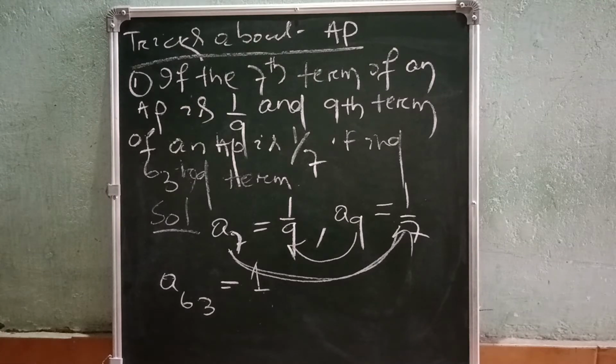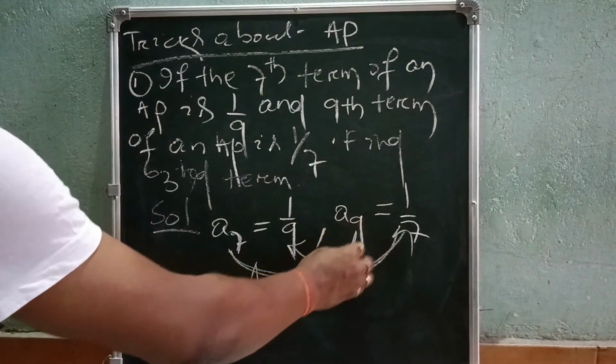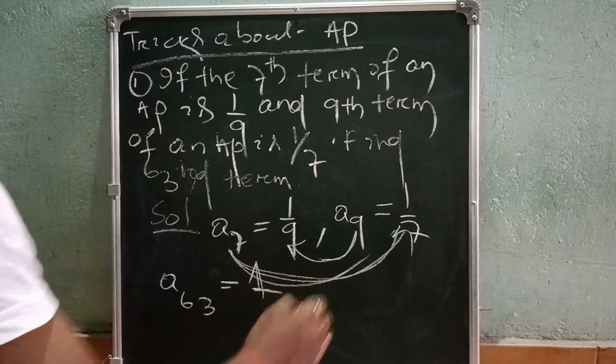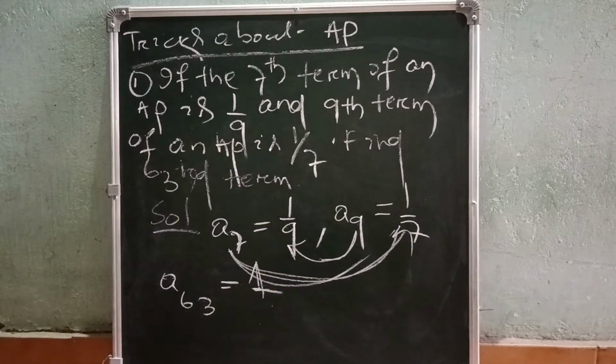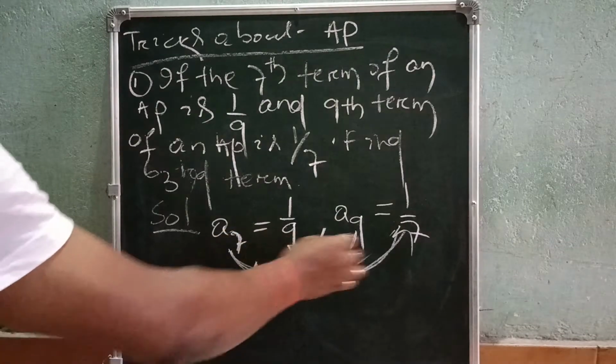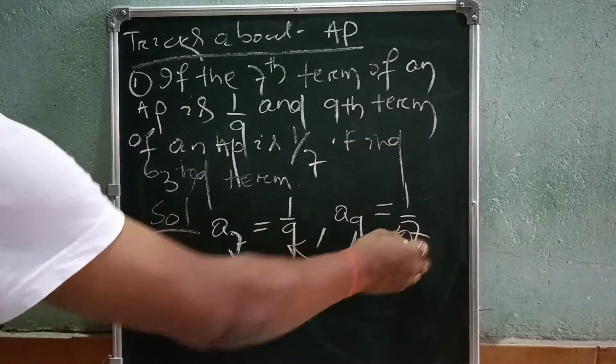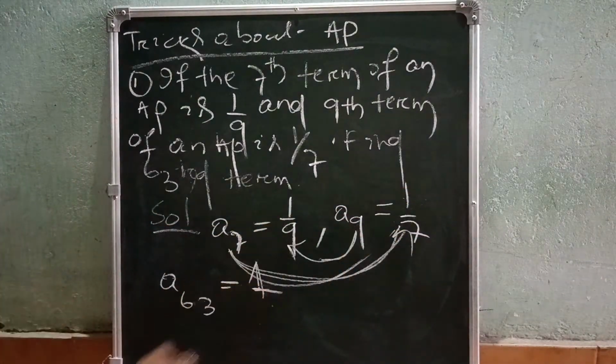You just multiply 9 and 7, 63, then the value is 1. Blindly you have to put 1, because when one term's index is the reciprocal of another's. A7 is 1 by 9, A9 is 1 by 7, so 9 into 7, 63, and the value is 1.